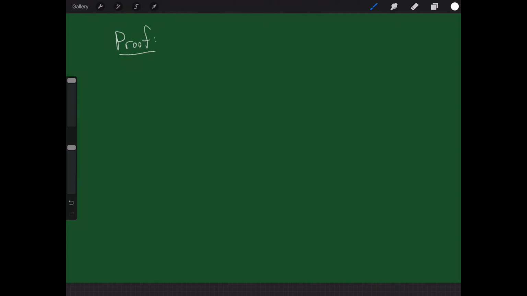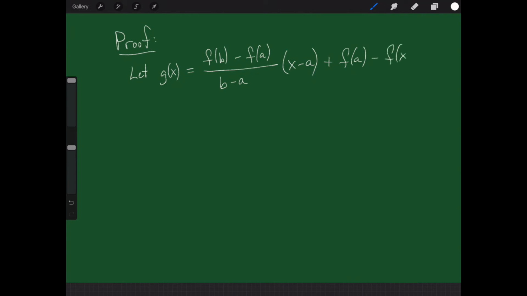So let's let g of x be some new function, and I'm going to define it this way. g of x is going to be f of b minus f of a divided by b minus a, times x minus a, plus f of a, minus f of x.